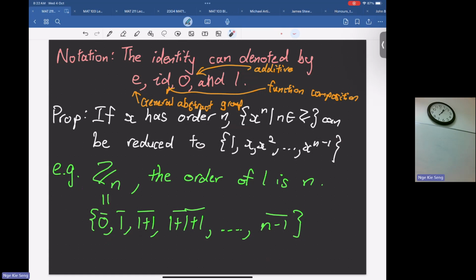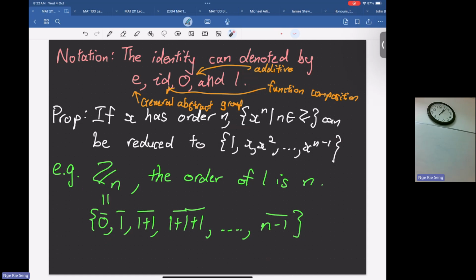If you do a tutorial question, sometimes they use 1 instead of E. In GL, the identity is the identity matrix, right? Yes, that's right. Because you are writing 1, there's no difference.